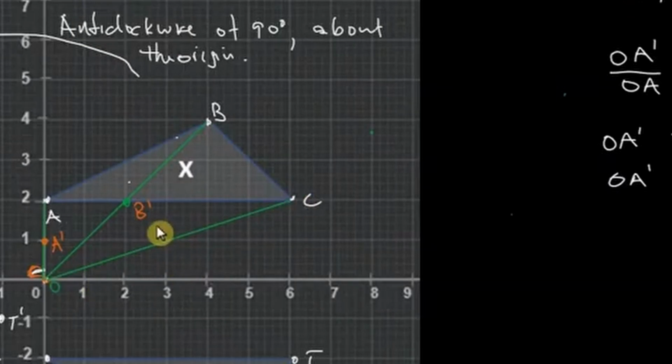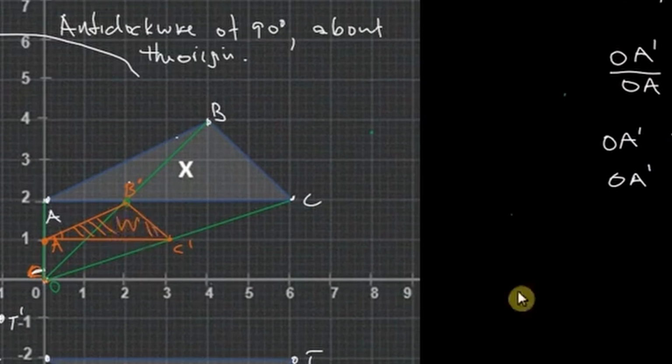Therefore, let's identify that point as here. We'll label that as C prime. And now we can complete our image triangle. And there we have it. A prime, B prime, and C prime. We connect the vertices to form our image triangle, which I'll be shading here. And we will label this one W. Okay, so let us move on to the next question.